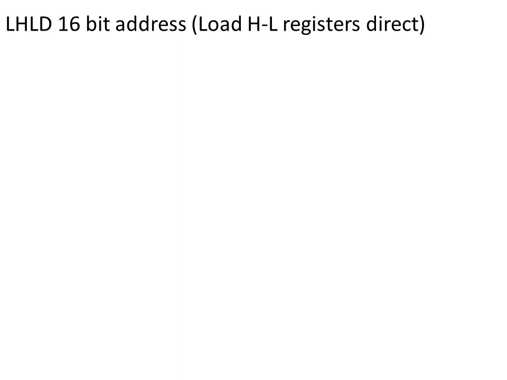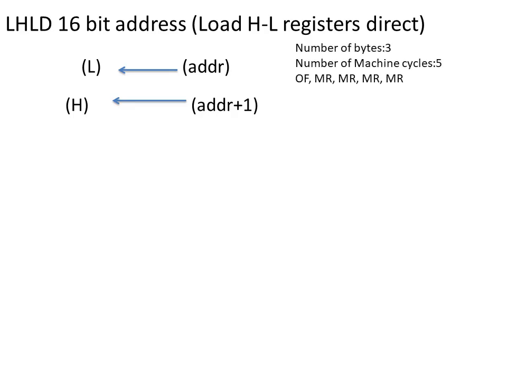Next one is the LHLD 16-bit address. Here you have load HL registers direct. So the contents of the specified address will be taken into the L register, and the contents of the next address will be taken into the H register. The number of bytes required to store this instruction is 3. The number of machine cycles is 5.